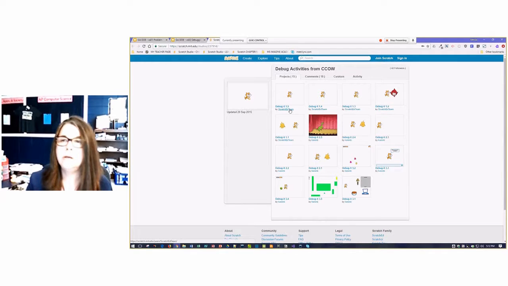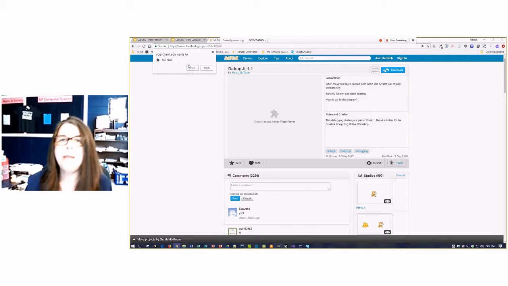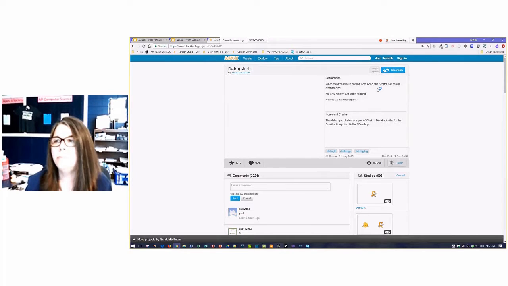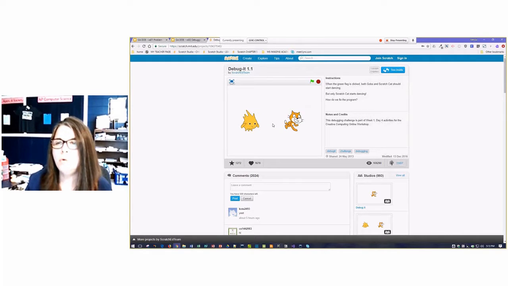You can see they're numbered 1.1, 1.2, 1.3, etc. So let's take a look at 1.1. In this case, the cat and Gobo are supposed to be dancing, but when we click the green flag, only the cat is dancing.